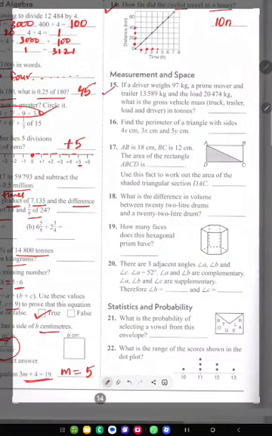Let's look at question 15. If a driver weighs 97 kilograms, a prime mover and trailer weighs 13,589 kilograms, the load is 20,474 kilograms, what is the gross vehicle mass? Like the mass altogether of the truck, trailer, load, driver, everything, but in tons. So you just have to add them as per the place value system. So 474 like this, and you add the trailer weight also, 13,589.